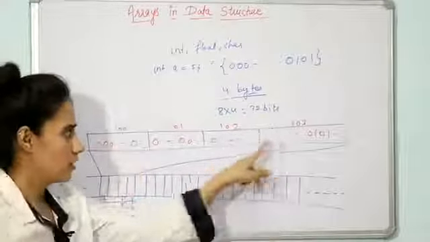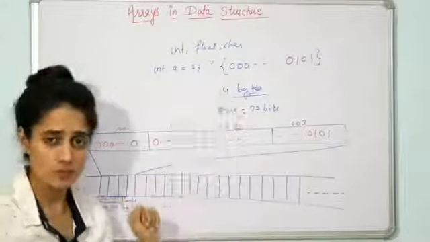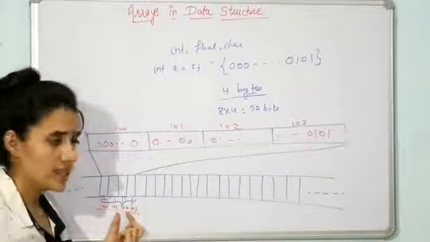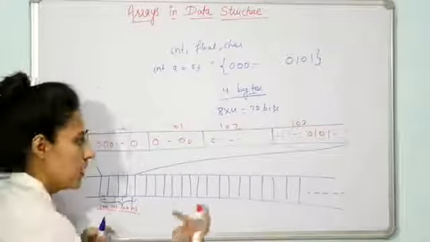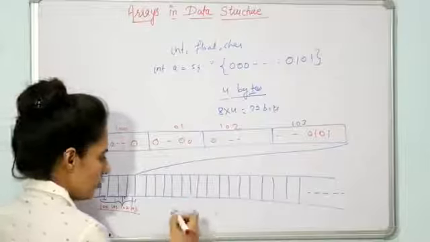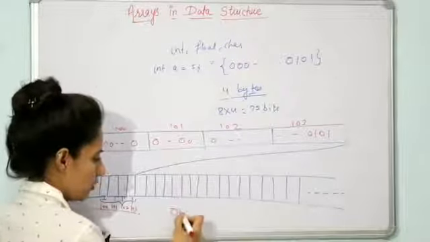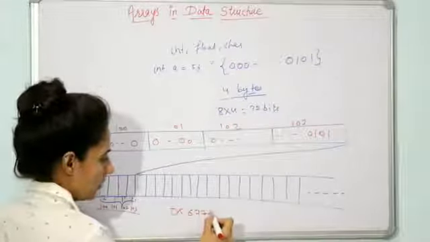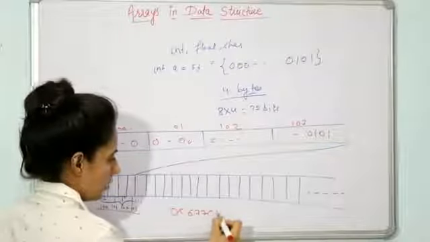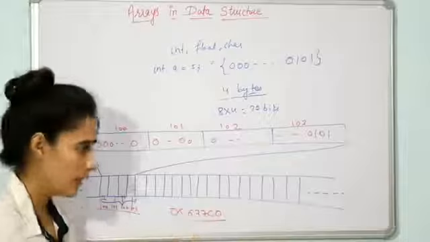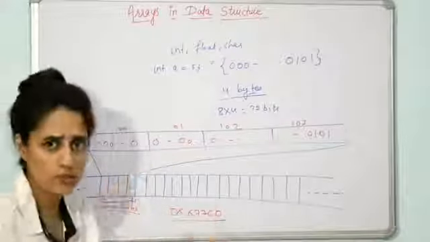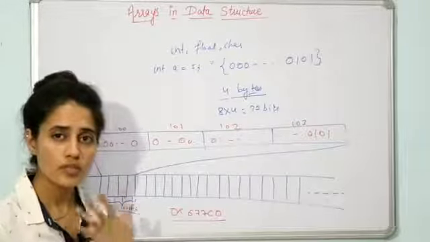These 4 bytes to be used to store this integer. See, this address would be in hexadecimal form always. It's not like 100 or 1000 or something like this. Hexadecimal would always be represented with the prefix 0x, then something like 677 or C0. In this form the address would be there, but here I am taking just 100 for simplicity purpose. So now we will discuss what is the need of array.